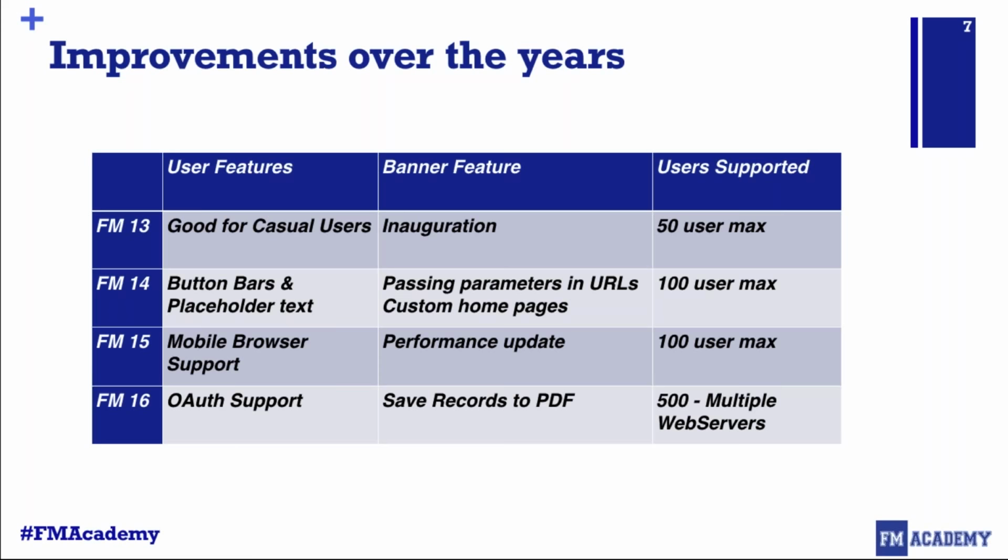There was still that eye-popping moment where all you did was check off a button on the server admin console, and your database just appeared in a browser. There were still some limitations, but compared to Instant Web Publishing, those things seemed trivial at the time. With WebDirect, you could actually show a dialog box in your database, and the layouts didn't flicker very much.